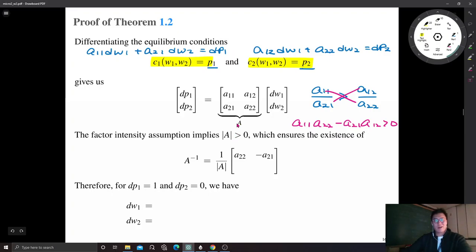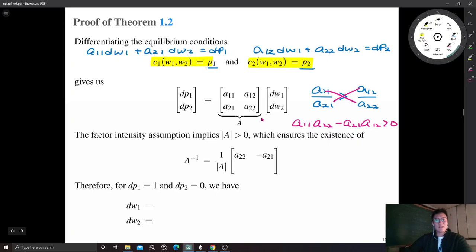So the inverse matrix exists, right? Now we are looking for dW1 and dW2, I mean, how input prices change in response to a change in output price. So we need to solve this equation for dW1 and dW2. The way to solve that is by pre-multiplying the inverse matrix to both sides.